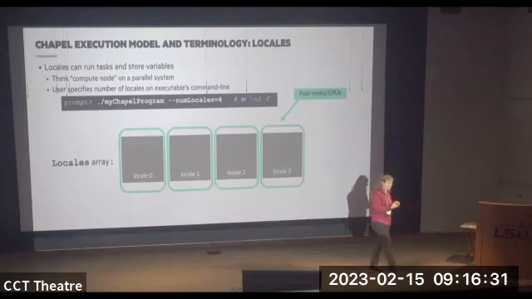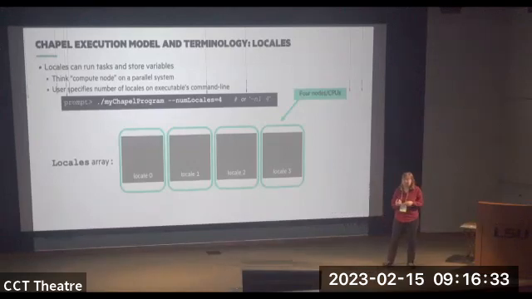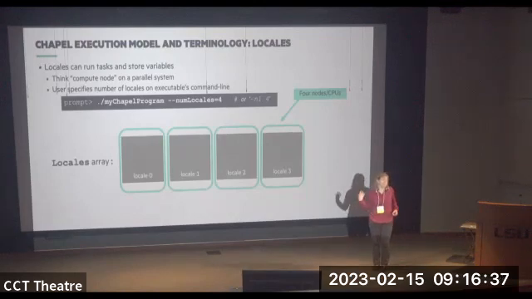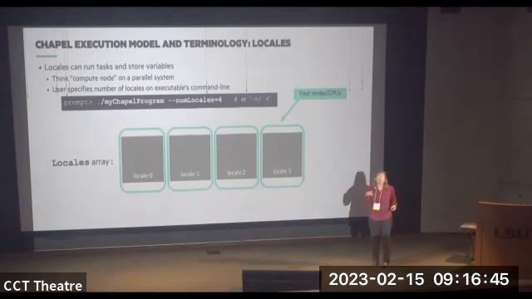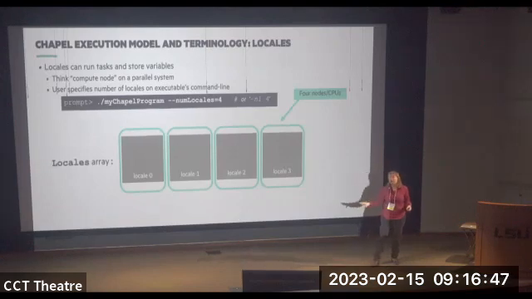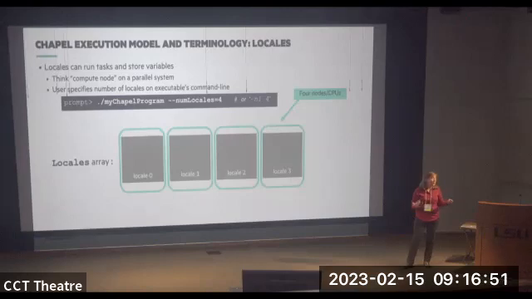We're mostly talking about the run tasks piece today. So think compute node on a parallel system. In the diagram I have here, I have 4 compute nodes, those rounded rectangles that are turquoise, and then I have a locale on each compute node. How is this implemented? Each locale is a process.